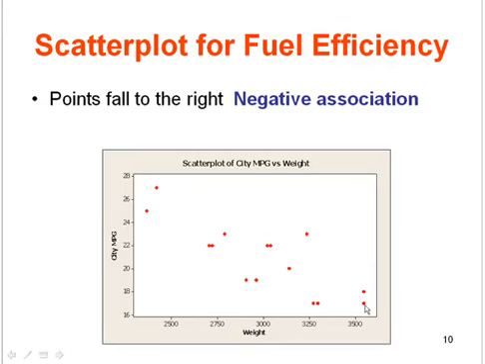The heavier your automobile, the lower your city miles per gallon. Our points in this case are falling to the right, and we're going to describe this as a negative association. As one variable increases, as your explanatory variable increases, your response variable decreases.